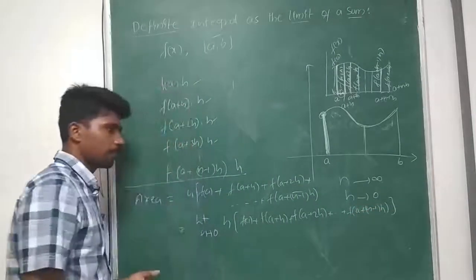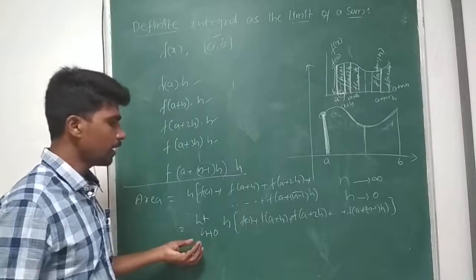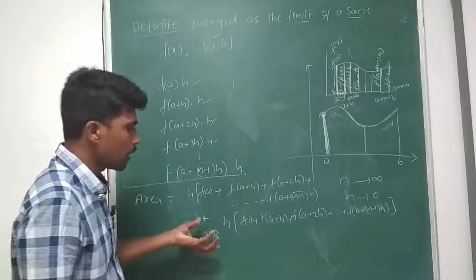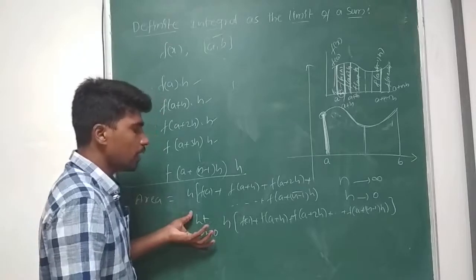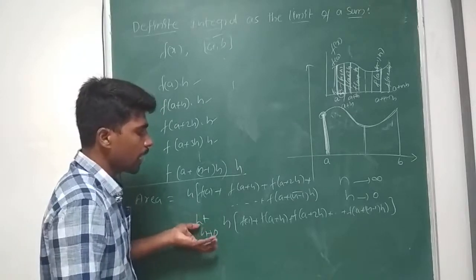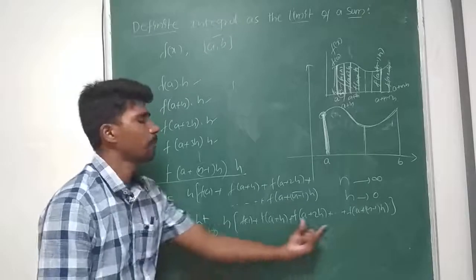So in this case, we call this particular area a definite integral, which is expressed as a limit of sum.